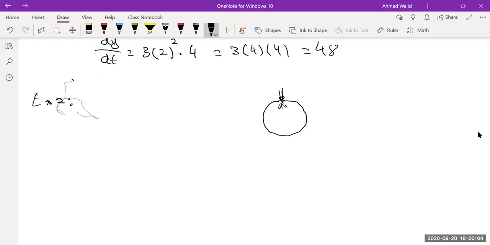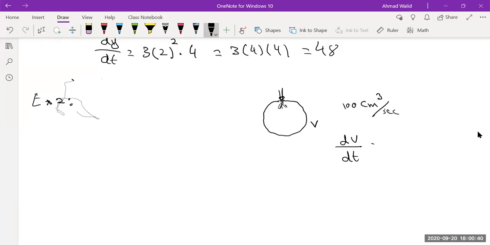When you pump the air in the balloon, the volume is increasing, right? It's true. The rate of change in the volume is 100 cubic centimeter per second. If I show the volume as V, then dV over dt represents the rate of change.